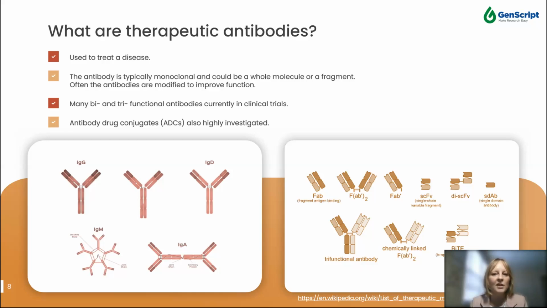Many that we're seeing right now are bi, tri, or multifunctional antibodies. These can be seen in clinical trials. We're also seeing a lot of antibody drug conjugates. These are very highly investigated, and we're seeing a lot of the bigger companies invest in this technology.